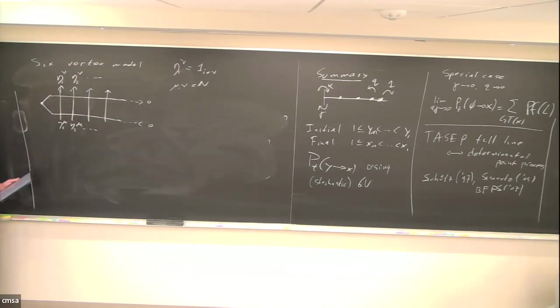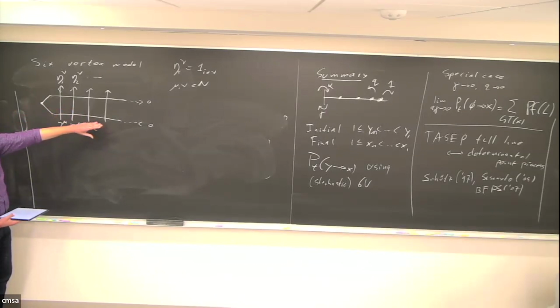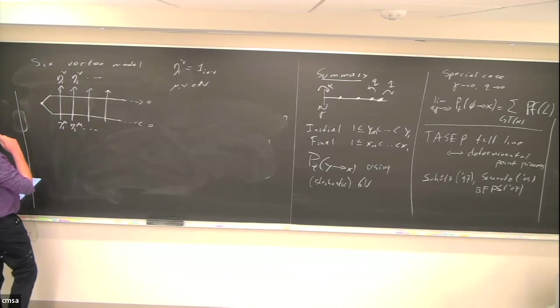So etas are binary strings. And this gives you the transition from a certain configuration mu to a new configuration nu, and then in between are 6 vertex configurations that do that, right? So there's some particle configurations.